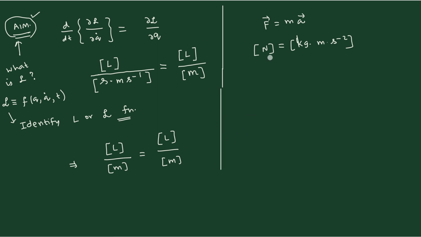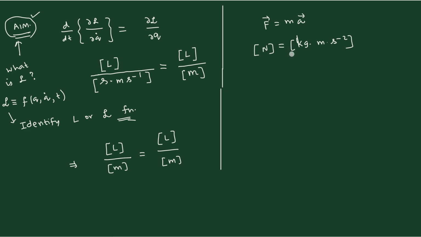There is no trouble. And in the case of the right hand side, you can see that Newton is there and that side is this. You already know that both of them are equivalent. Whether you write Newton or kilogram meter per second square, they are equivalent. So there is no dimensional analysis trouble for the Lagrange equation, and there is no dimensional analysis trouble in the case of Newtonian mechanics.